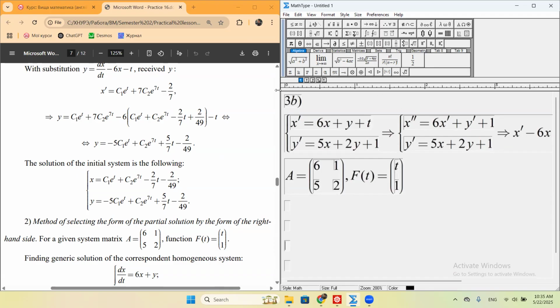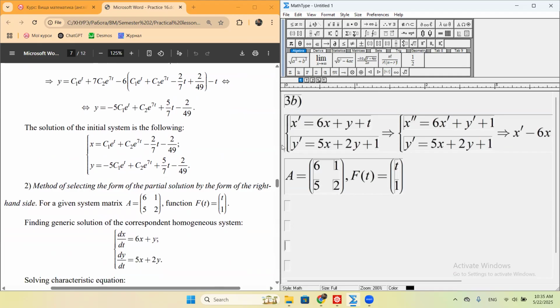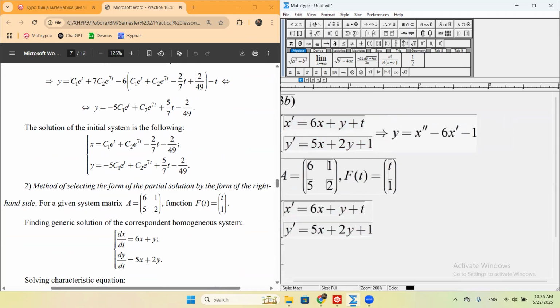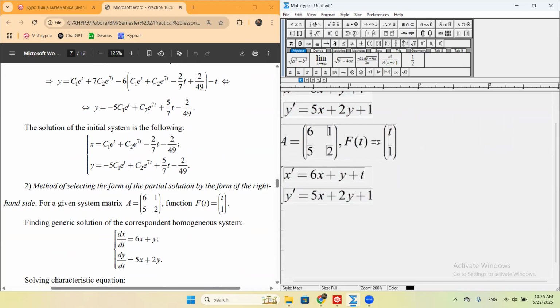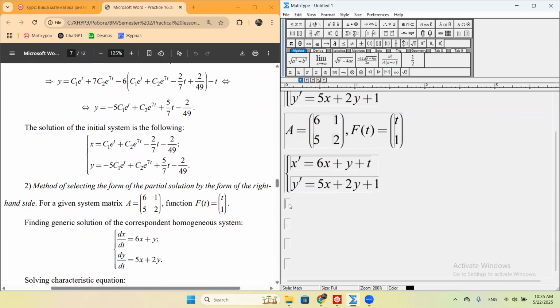And first of all, we need to find the general solution of the homogeneous system. So let me erase these free members, and we will use them later.